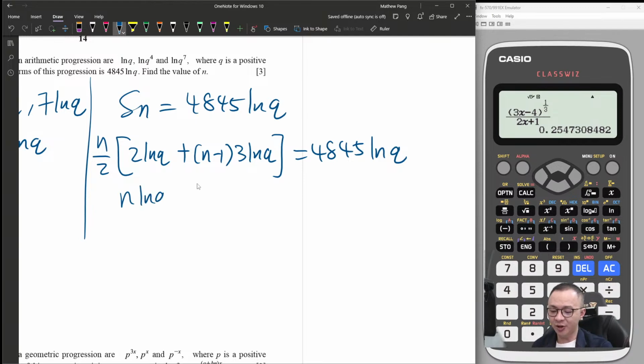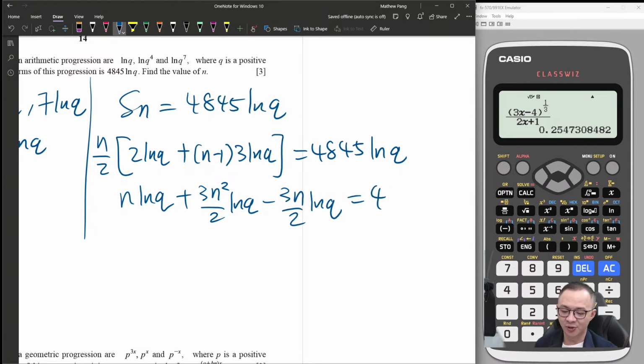This is n ln q plus, so many. N over 2 times n is n square over 2. So it's 3n square over 2 ln q. Then minus n over 2. So minus 3n over 2 ln q equals to 4845 ln q.